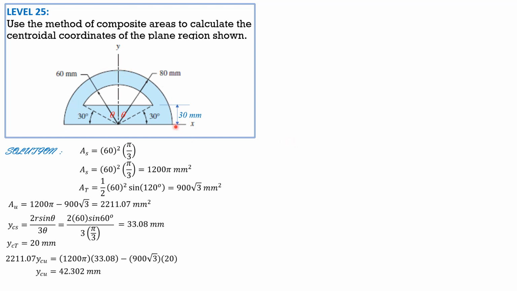Next, we consider area of semicircle and this unshaded area to locate the y coordinate of the centroid of this entire shaded region. The area of the semicircle is pi over 2 radius square, so pi 80 square over 2, 3200 pi mm square. Then the location is 4r over 3 pi because it is semicircle.